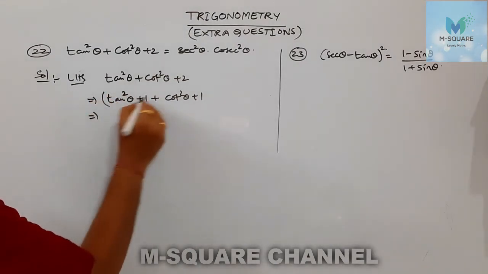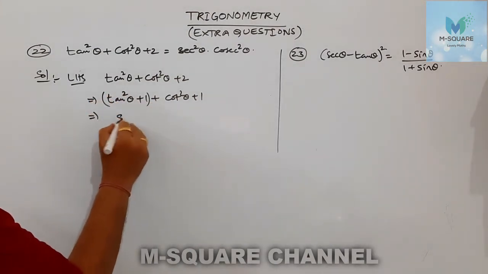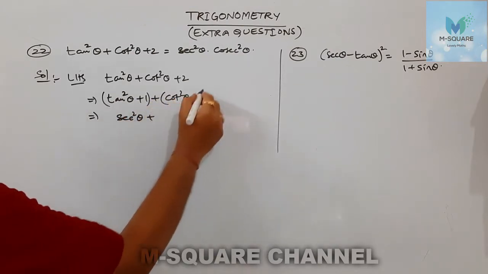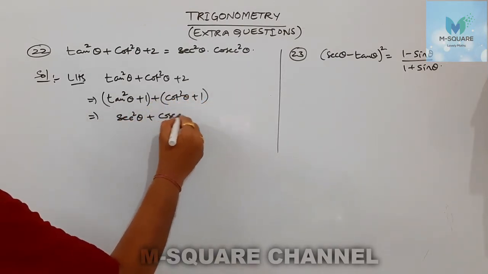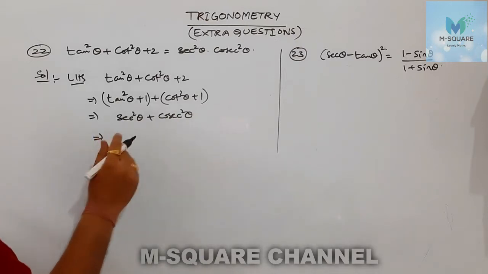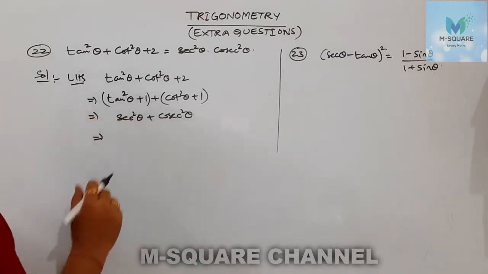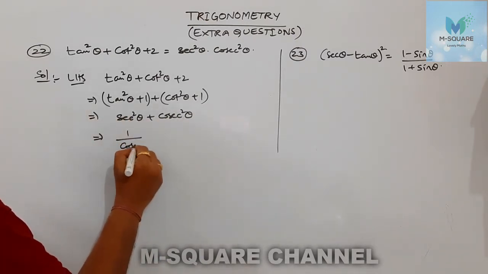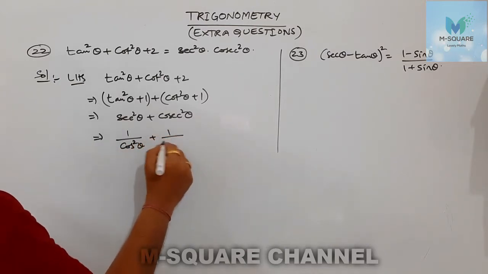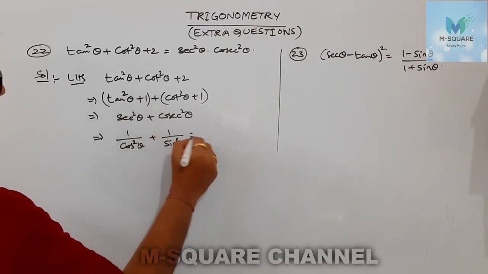Tan square theta plus 1 is nothing but secant square theta. Cot square theta plus 1 is cosecant square theta. So secant square theta plus cosecant square theta, so 1 by cos square theta plus 1 by sin square theta.